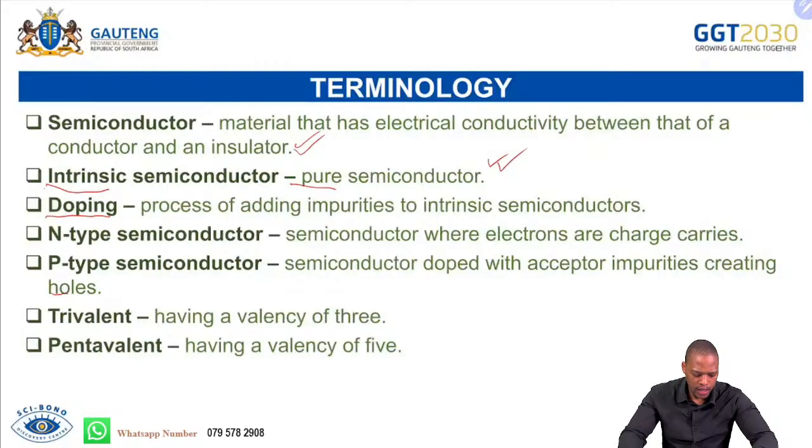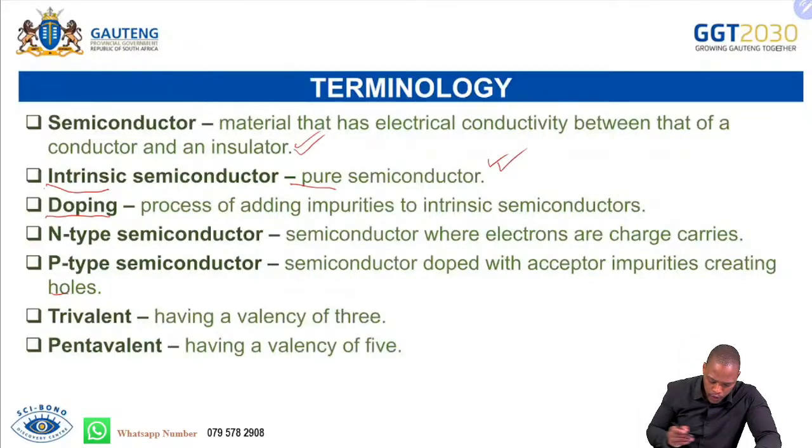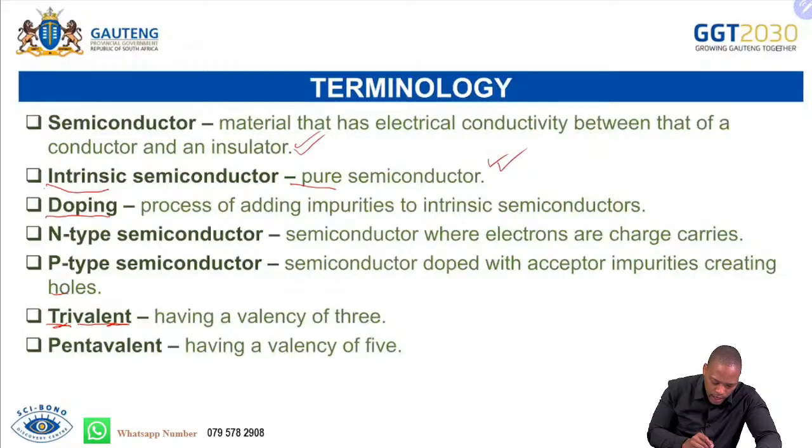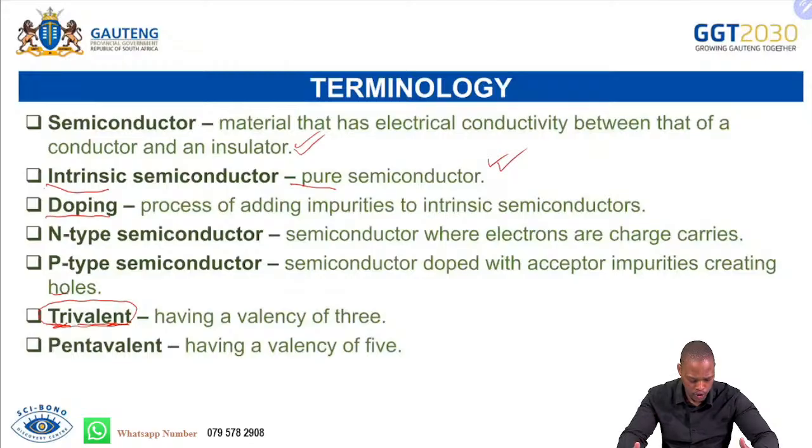Trivalent: there are 2 words combined here, tri and valent. We've just spoken of valency. Tri, from organic chemistry again, means 3. So trivalent means a valency of 3. It means that atom has a valency of 3. Instead of saying a valency of 3, another word that can be used is trivalent. Familiarize yourself with it so that when you see it, you are not shocked.